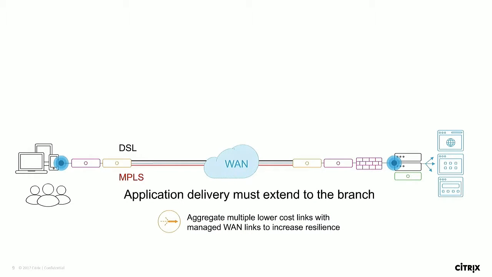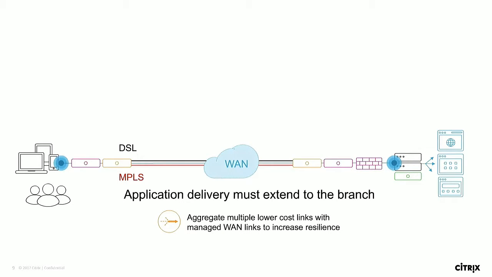Now, everything that I talked about was about application delivery from the data center, point A, to the user, point B, at the same site. But when you extend this to the branch office and remote users across the WAN, they have the same expectation as far as application delivery is concerned.